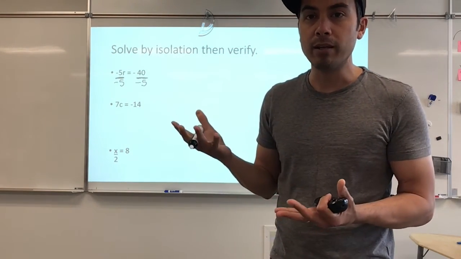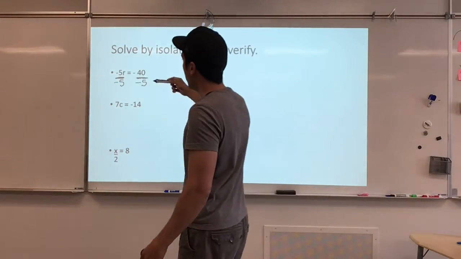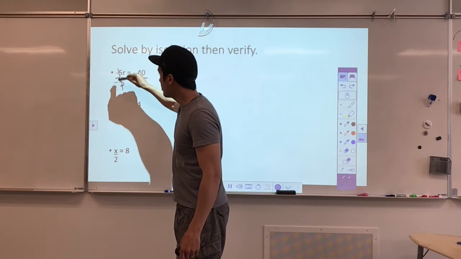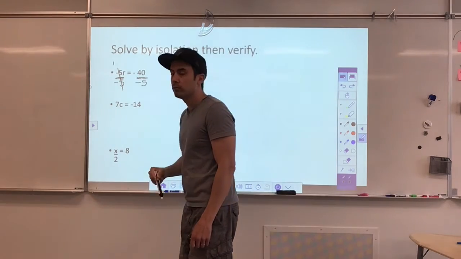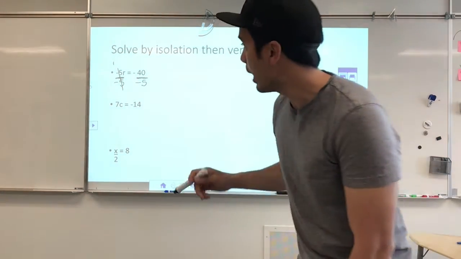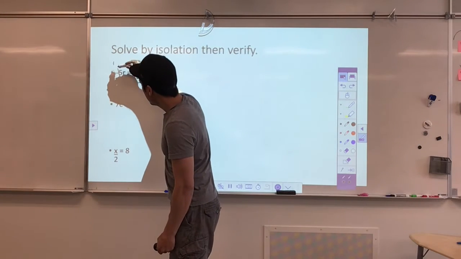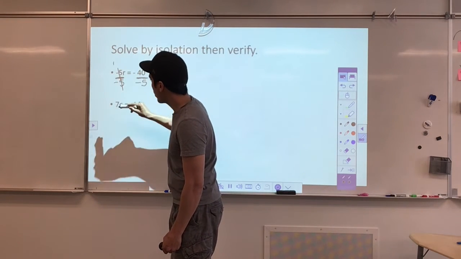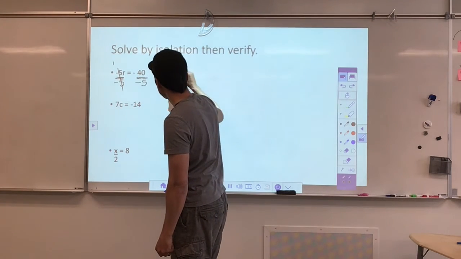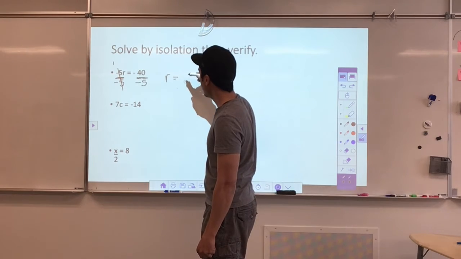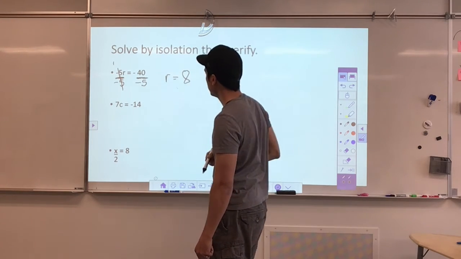So by having the exact same number being divided by itself, that gives me a 1. Which is really great, because if this simplifies to a 1, this basically means 1 times r, which is just r. And then I just have to go negative 40 divided by negative 5, which is 8.